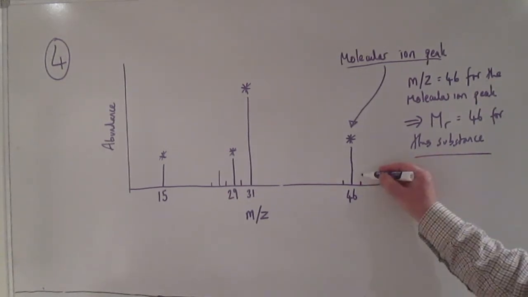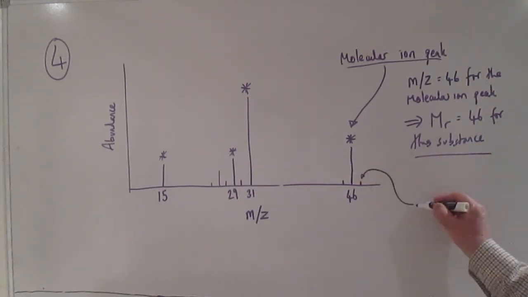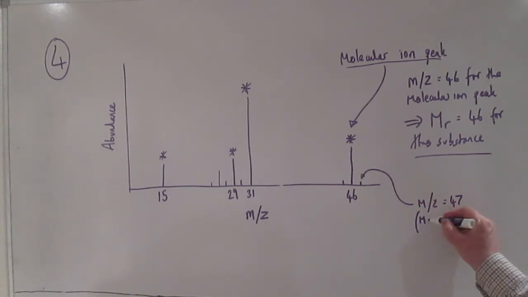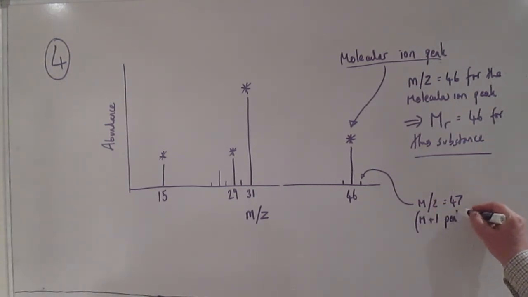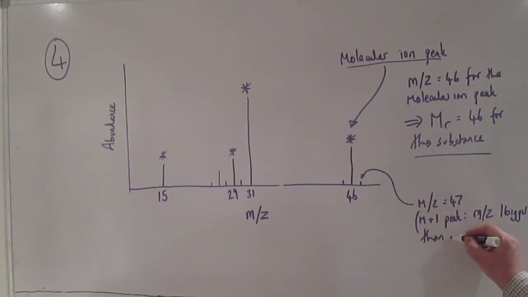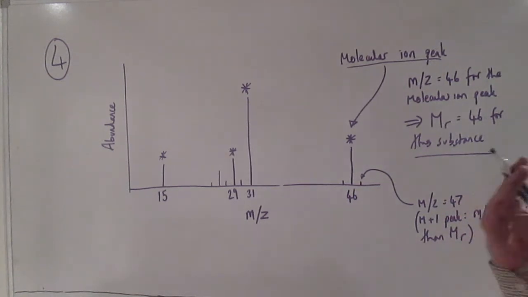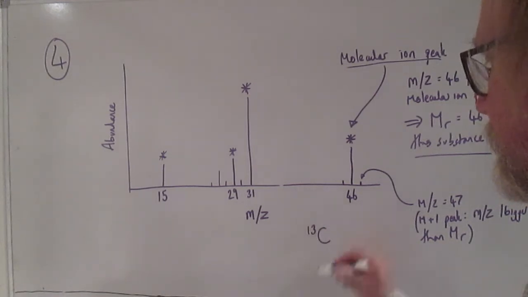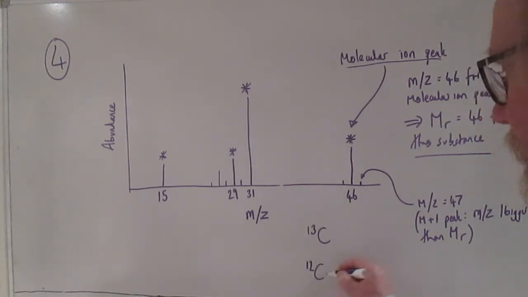Now let's just talk about this peak. Okay, so this is m/z equals 47, and it's sometimes called the m+1 peak, because it has an m/z 1 bigger than MR. So you think, well, how does that arise? And the answer is that about 1% of carbon atoms are carbon-13, whereas, of course, the common isotope, the overwhelming majority of them are carbon-12.